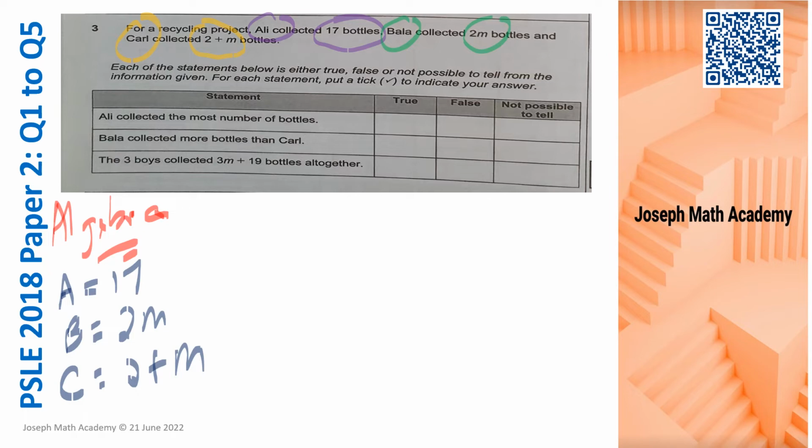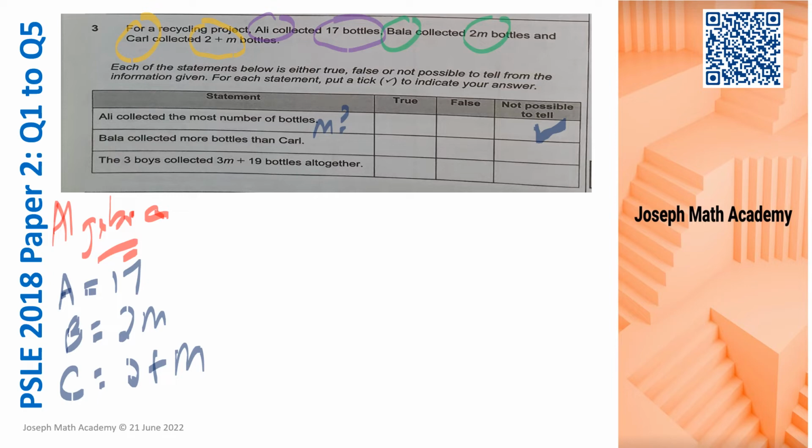If M is very big, then Ali may not have collected the most. For example, if M is 10, then Bala will have collected 20. So the first statement is definitely not possible to tell because we are not sure what is M. So I'm going to write down here what is M. M is unknown. If M is unknown, it's a lack of information.